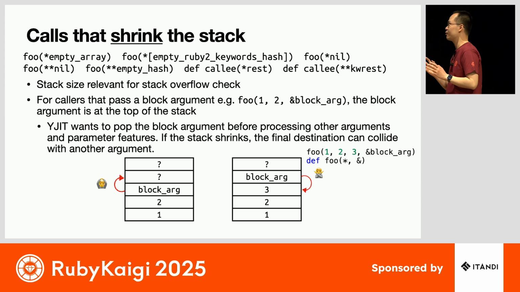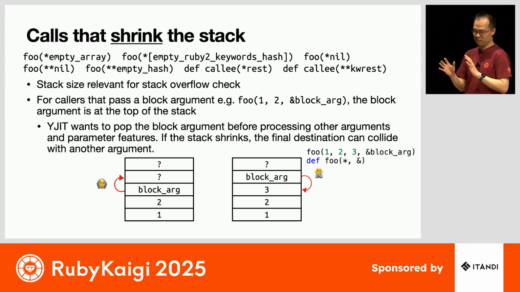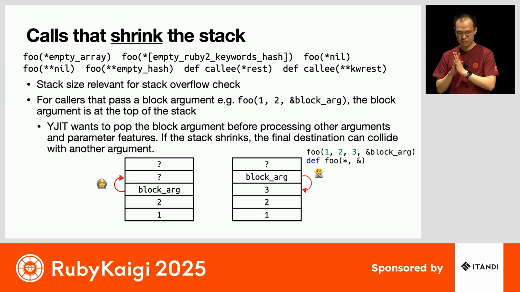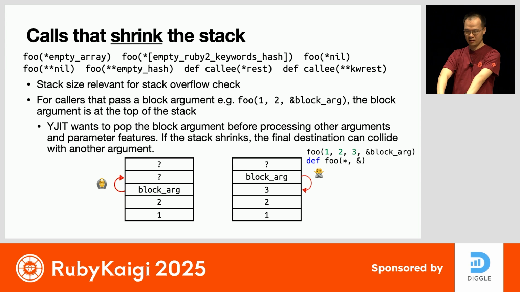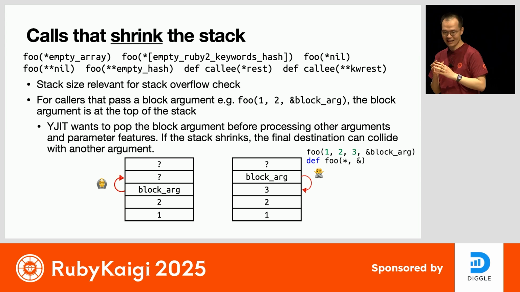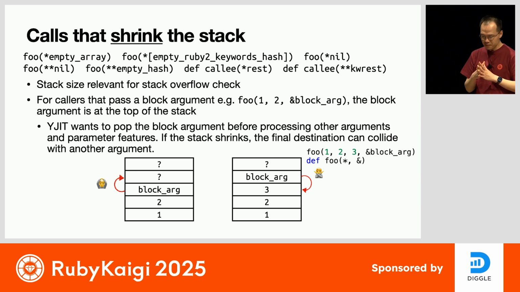Basically, anything that requires discarding of arguments, like unpacking an empty array or gathering multiple arguments into one object, can do this. We always want to know the stack size after the call because you need to do stack overflow checks. But also, there are cases where the callee needs special handling for shrinking.